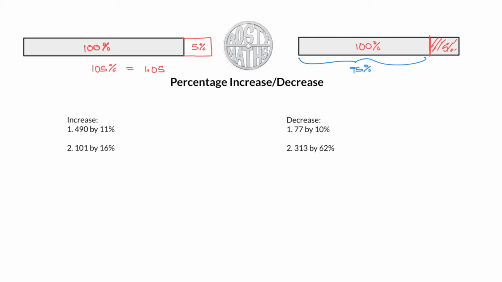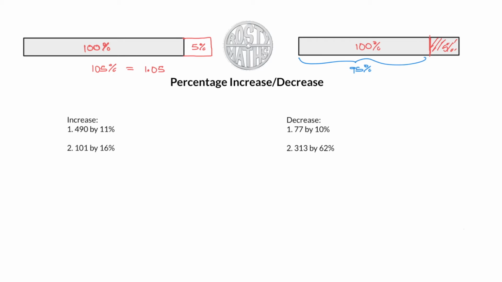Let's go and do a couple of questions. And I like to show my students this method because it's quickest. It makes life so much easier. I will show you the long method as well that I'm not so much a fan of. So here we go. If I'm going to increase 490 by 11%, it means that the 490 is my 100% and I'm adding 11% on.